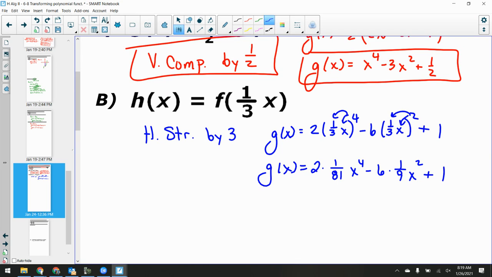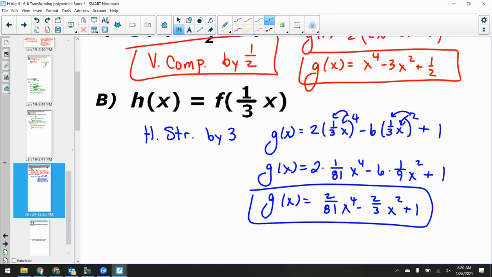And now, leaving it in fraction form, g of x is equal to 2/81 x to the fourth minus, 6/9 would be 2/3, 2/3 x squared plus 1. Again, when doing something horizontal, our life is a little bit more complicated. It just is the case, because I'm replacing things for the x value.